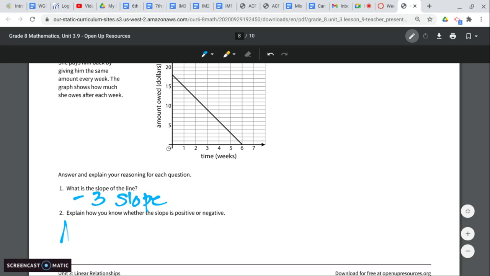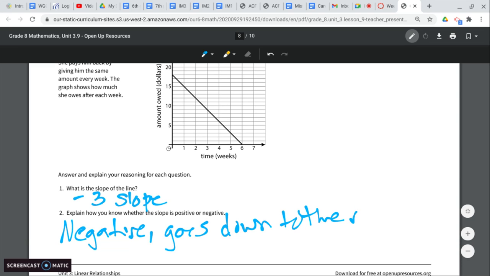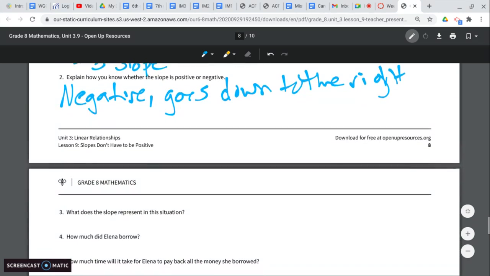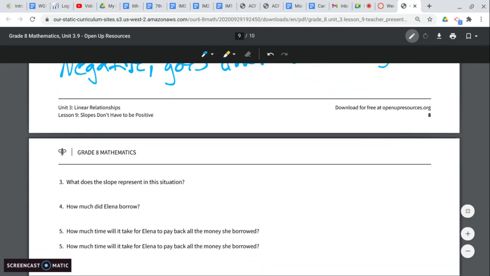It's negative because it goes down to the right, and because the amount owed is decreasing as the time increases. For number 3, what does the slope represent in this situation? It's the amount she pays back.